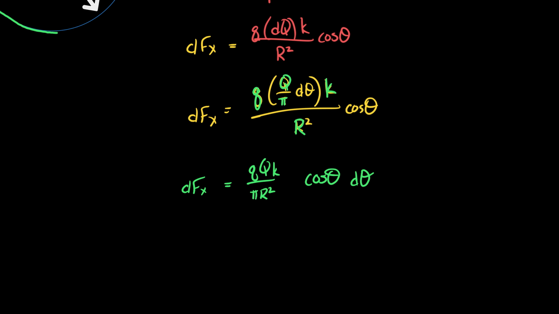And I'm going to take d theta, which is my integrating variable, and move it all the way to the right so I can build an integrand. And then I'm going to apply my integral symbol to both sides.